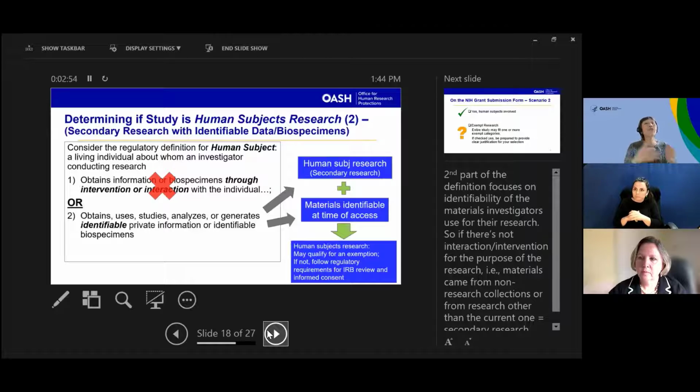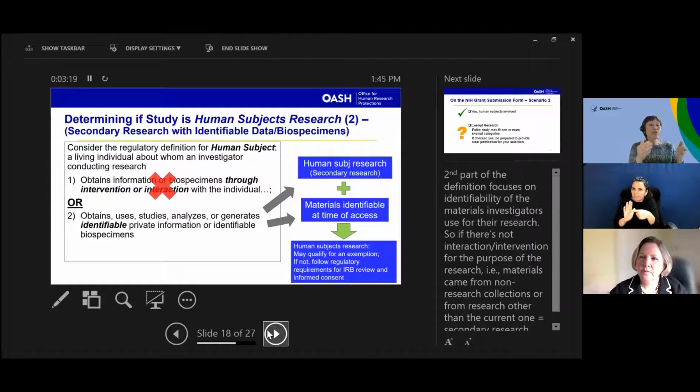In other words, even when you go back to the data that you collected for that research, and now you want to use that data, or use the specimens, to do another research project, because it was so long ago, you've already stripped all the connection. You don't have a means to link the material back to living individuals.